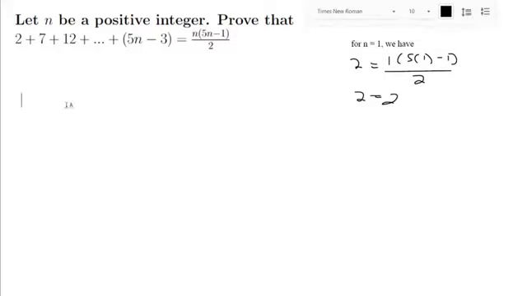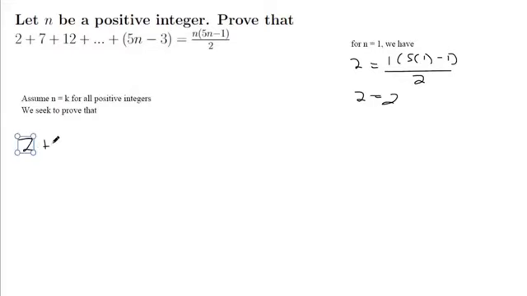We can say that we assume n equals k for all positive integers. And we seek to prove that these two sides, when n equals k plus 1, the next term, is equal to the current term.